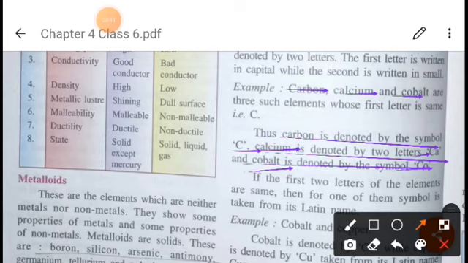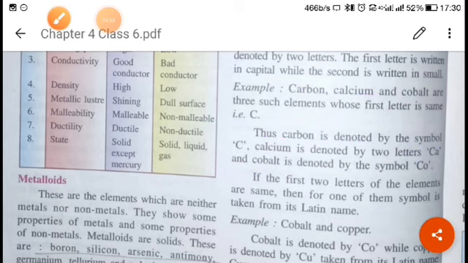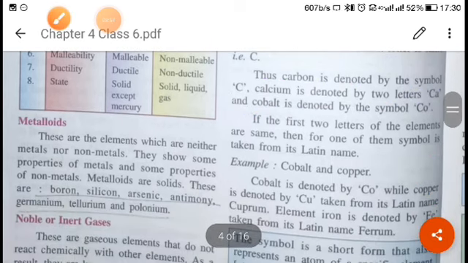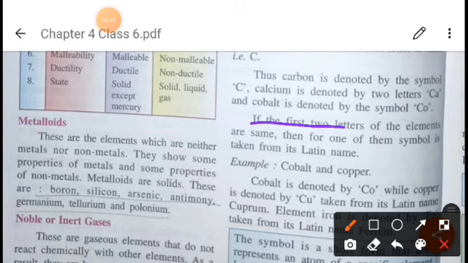Now if the first two letters of the elements are also the same, then for one of them the symbol is taken from its Latin name.